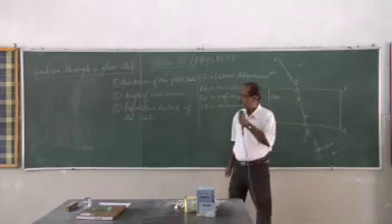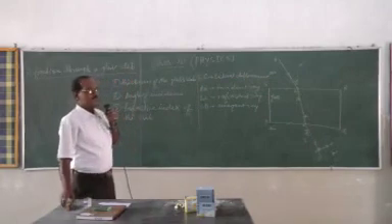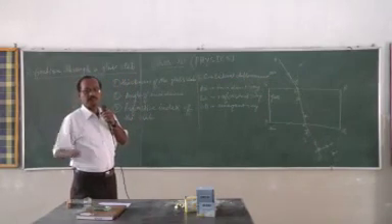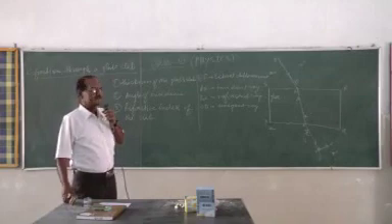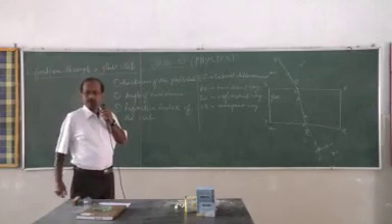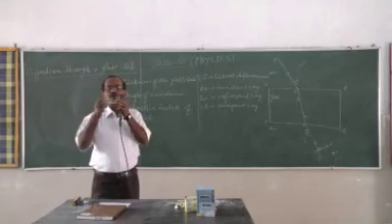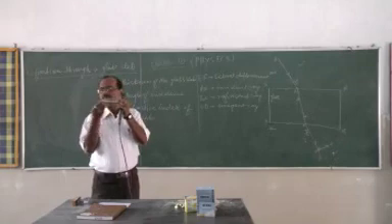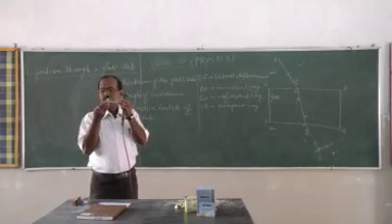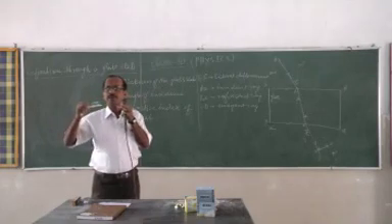Now, next is multiple images formed by a thick mirror or thick glass. If a mirror is made up of thick glass, say this is thick glass, and the lower portion is silvered, then it will behave like a mirror.